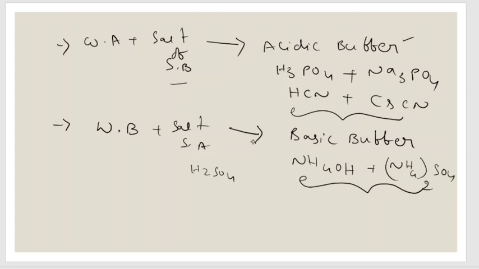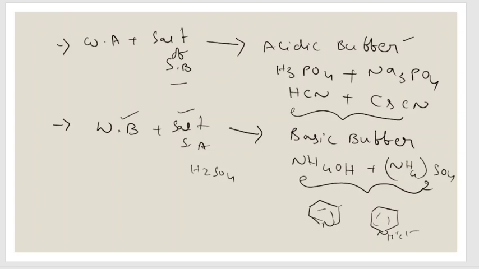And not only this one, if we consider an organic compound like pyridine and pyridinium chloride, it can also act as a buffer solution. So we can give many examples if we know the basic principle here. We have to take the weak base and the salt of a strong acid.